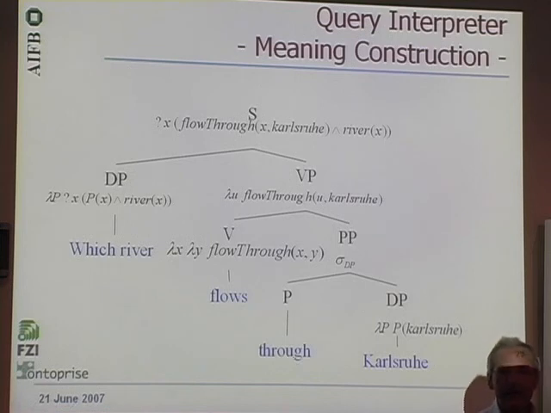By analyzing these individual syntactic elements and composing them in a bottom-up way, we come up with the complete semantic representation of that query. So that is that compositional approach. It is one of the well-known approaches in computational linguistics to define the meaning of sentences, and in our case, the meaning of these queries in the end.